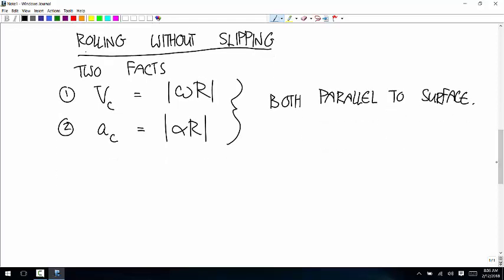Is that the magnitude? Yeah, that's the magnitude. So you can think of this as like that.